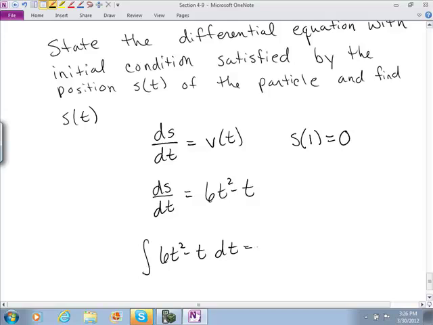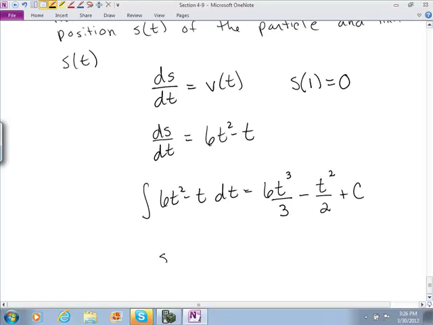Well, the 6 just tags along, and then you add 1 to the exponent, so t to the 2 plus 1 is 3, and divide by it, so that's 3, minus, t, you add 1 to the exponent, so that's 2, divided by 2, and then plus c. So s of t is equal to 2t cubed minus t squared over 2 plus c. So that's your general antiderivative.